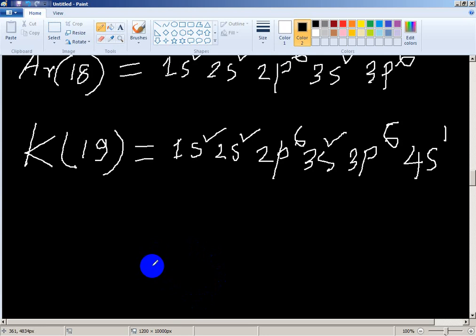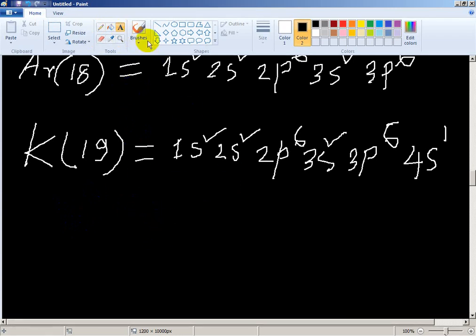Electrons enter the lower energy orbital first, according to the Aufbau rule.